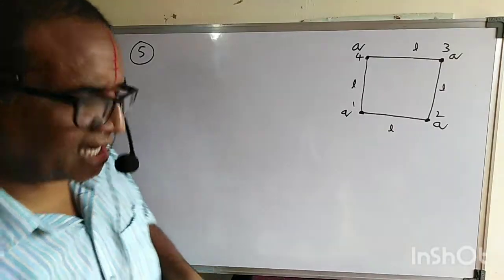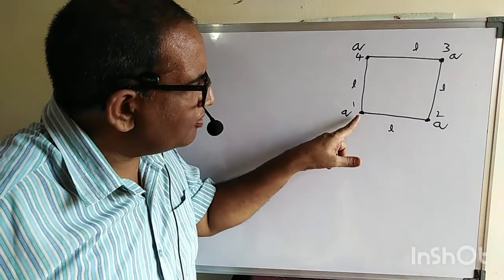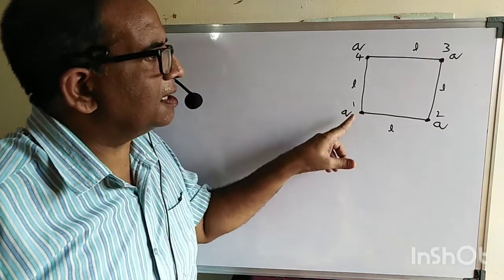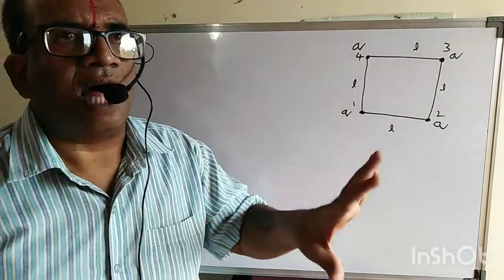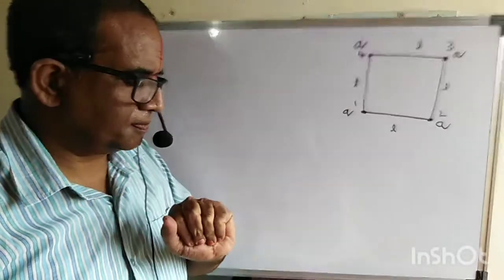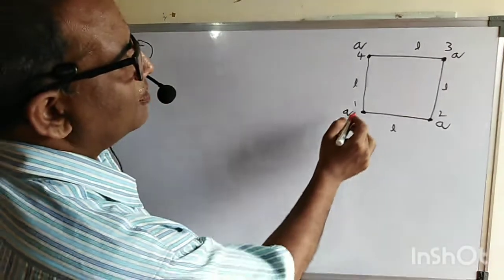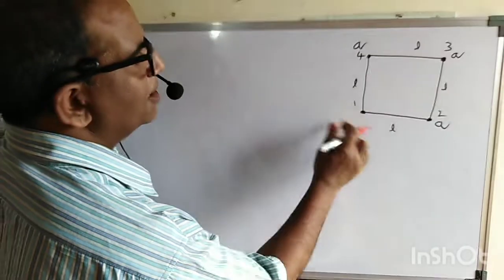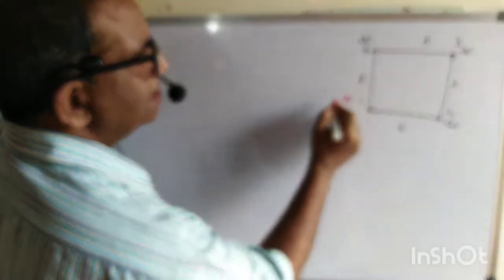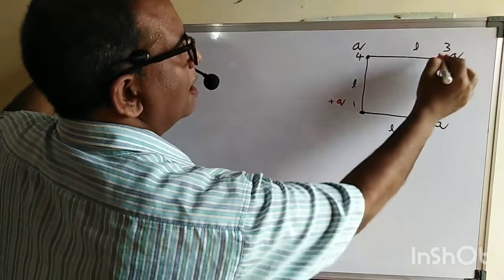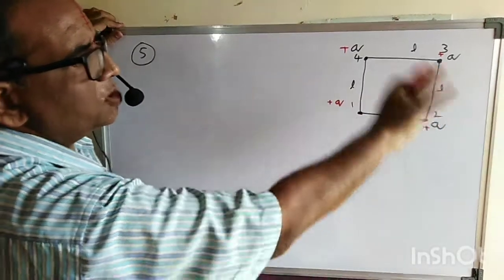According to the principle of superposition, we should consider only the force on charge 1. The force between the other two is not at all our consideration. Observe carefully. You need to find the force on the charge 1. This one is the charge q, and remember all charges are positive here.